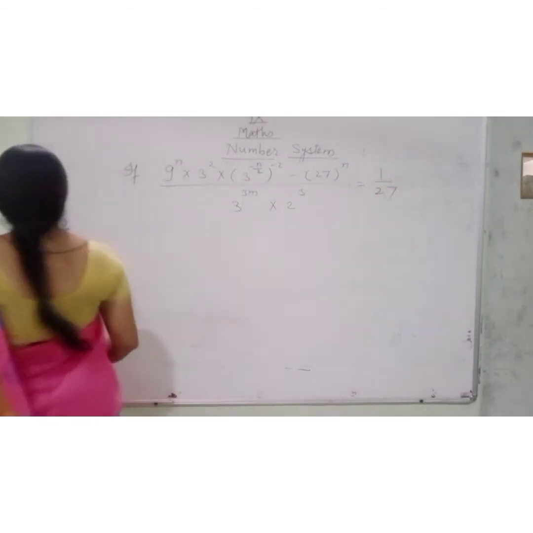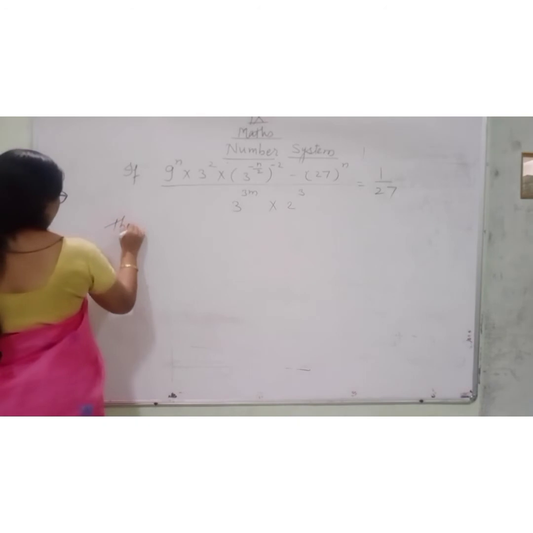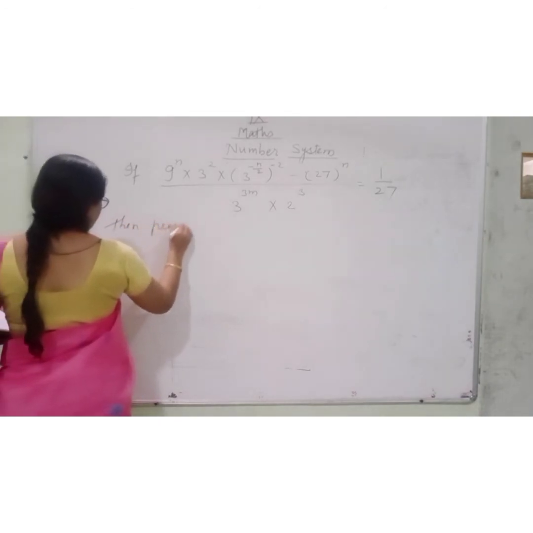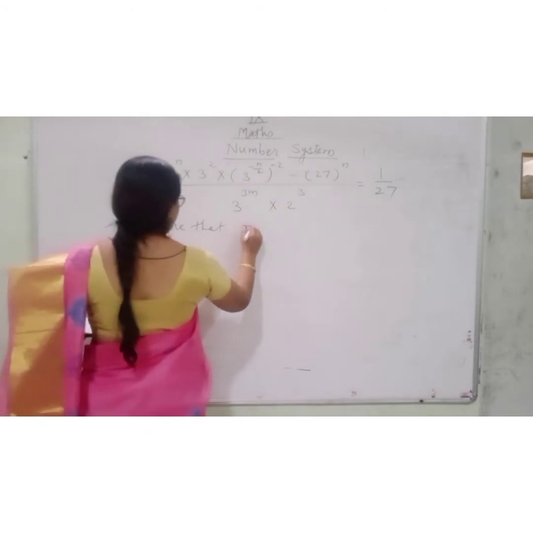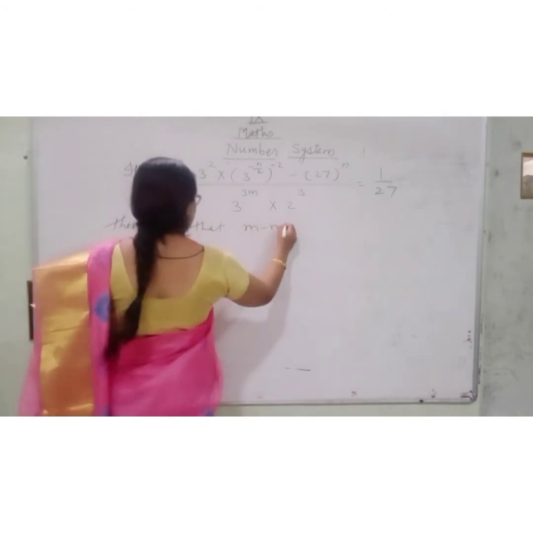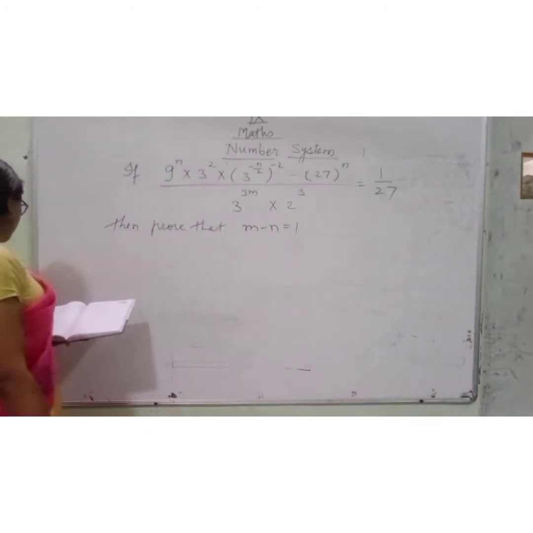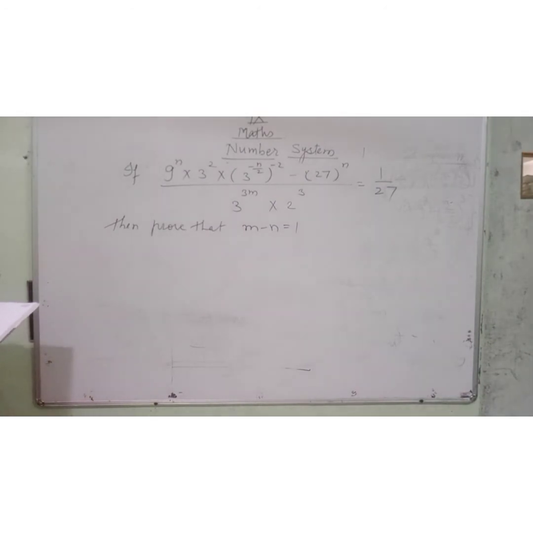Okay, then prove that m minus n is equal to 1. This is the question. Now we are solving this step by step.